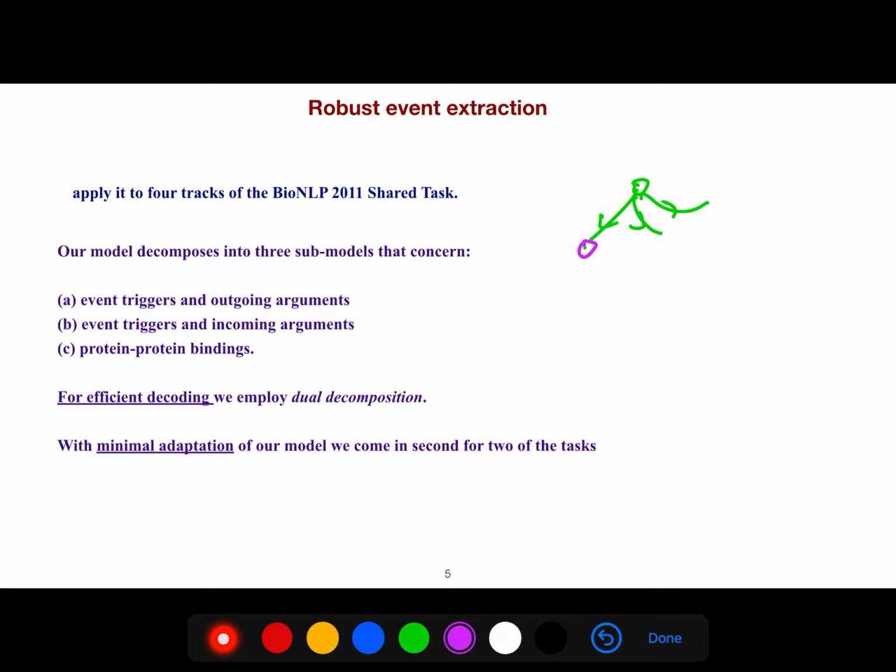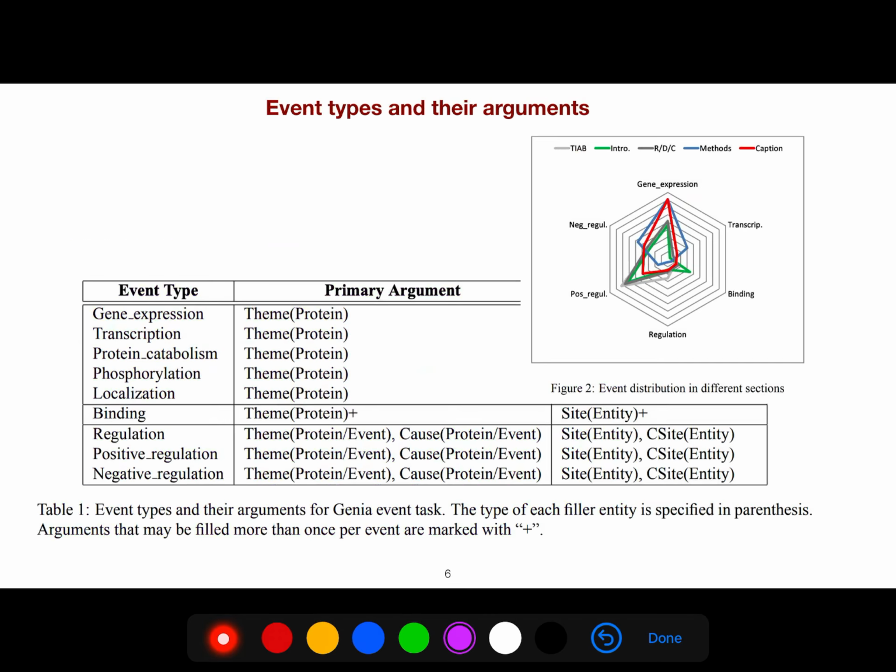For efficient decoding, by decoding I mean inference, we use dual decomposition techniques that I've explained in my playlist on dual decomposition. With minimal adaptation of our models, we came in second for 2 of the tasks.